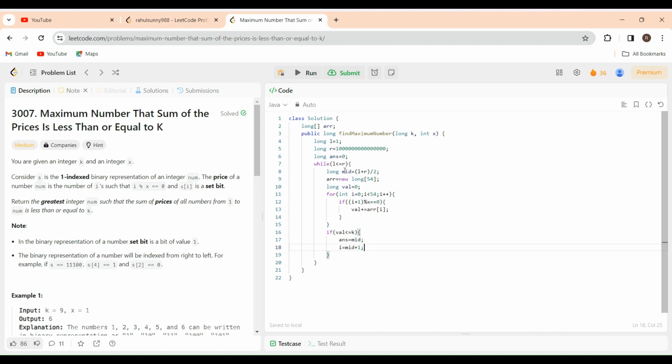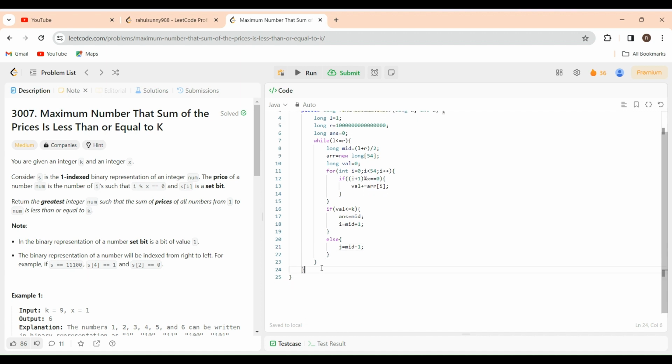Or else I will just move to mid minus 1. If it is greater than k, then I have to check for the lower number, from 1 to 10, right? So I'm just doing the binary search here. At last I need to return the answer.